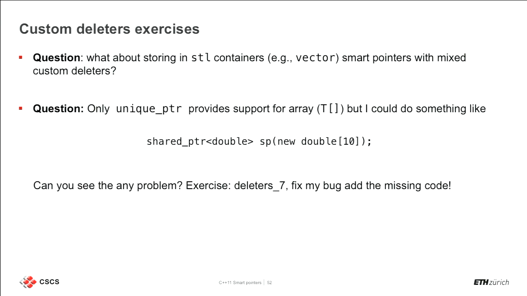For example, let's suppose that you have an STL container like a vector which contains smart pointers, which can be unique pointers in one case and shared pointers in the other, and you want to use custom deleters for this kind of object. You want to use different custom deleters for different elements of this vector. So for different instances of unique pointer and different instances of shared pointer, you want to use a different type for the custom deleter.